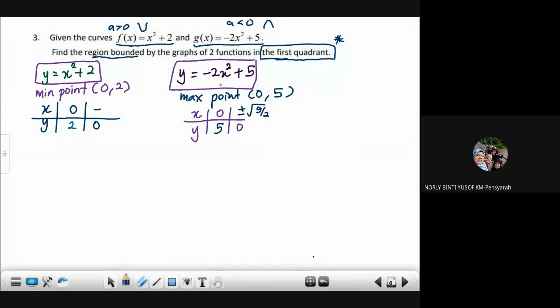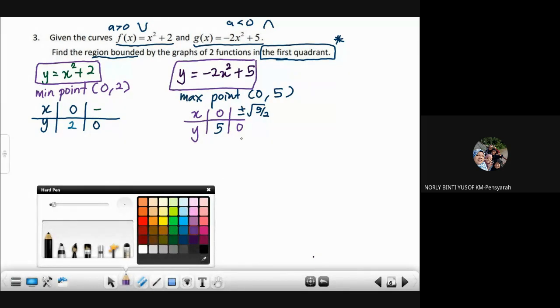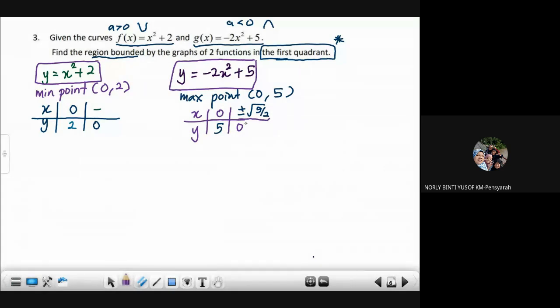Kalau you tekan calculator pun sama. You tak nak buat working pun tak apa. You tekan A negative 2, B kosong, C 5. Nanti you akan dapat plus minus in the point of decimal point. Square root 5/2 tu lah. Understand? Okay. So dia ada roots lah kan. Okay. Dia akan sentuh lah paksi x. Yang x squared plus 2 tu dia tak sentuh lah.